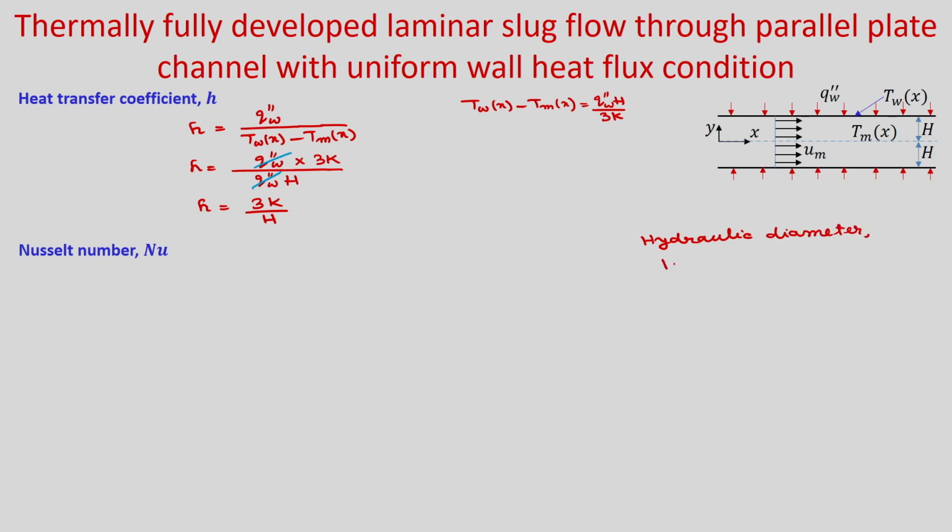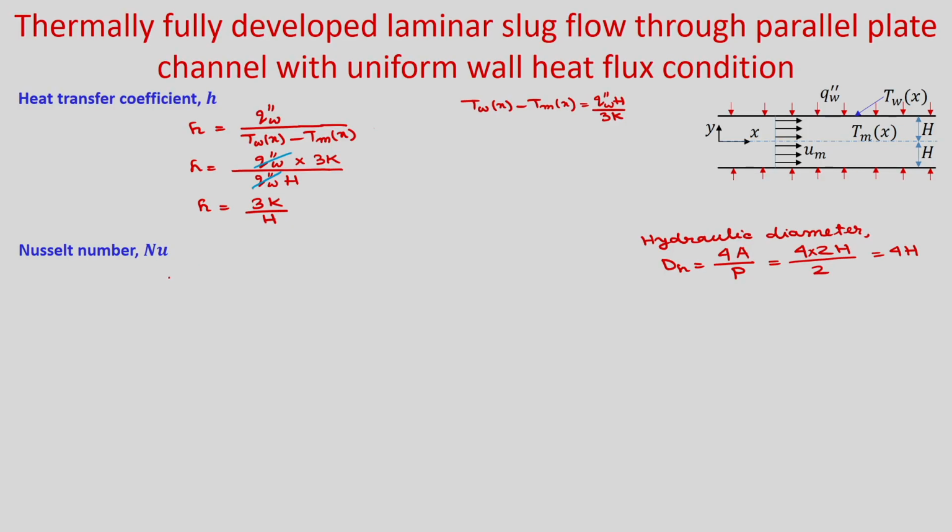will be d H as 4 into flow area divided by the perimeter. So, what will be that? 4 into flow area, per unit width, is 2 h, okay, divided by perimeter. So, per unit width it is 2. So, it will be 4 h. Okay. So, we will define the Nusselt number based on the hydraulic diameter, that is 4 h, and the difference between the wall temperature and mean temperature.